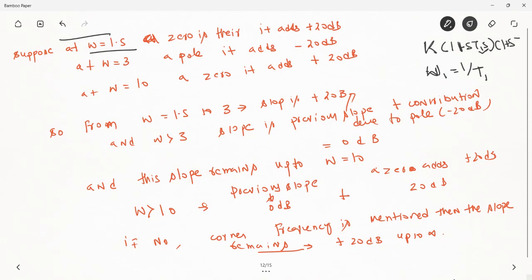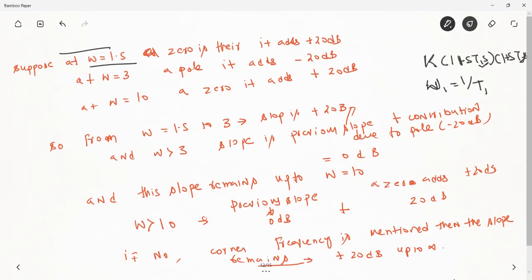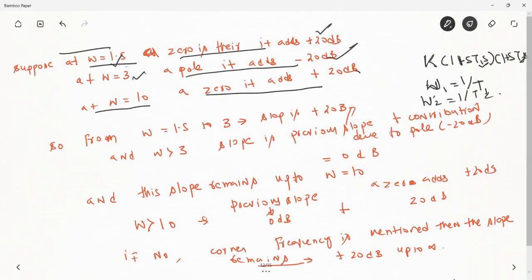Same for 1 plus s T2 of s, so omega 2 would be equal to 1 by T2. Suppose we have a corner frequency at omega equal to 1.5 and there is a zero. What this zero does is add plus 20 dB. Let's say at omega 3 we have a pole, it adds minus 20 dB. And at omega 10 we have a zero, it adds again plus 20 dB.